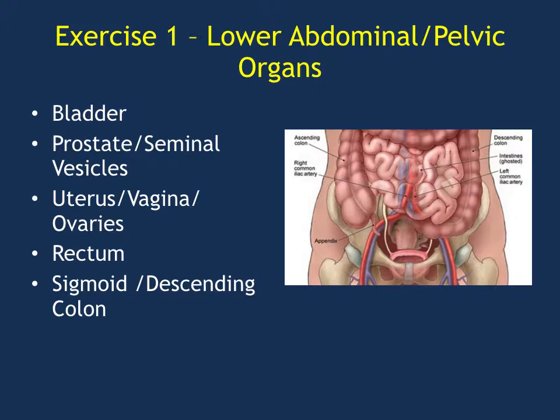In addition, the uterus, vagina, and ovaries, which are in the same anatomic territory, although the images we'll show are in males, so you won't see those on the PowerPoint. Also the rectum, the sigmoid, and descending colon. We're going to be focusing more on the bowel than on these other genitourinary structures.